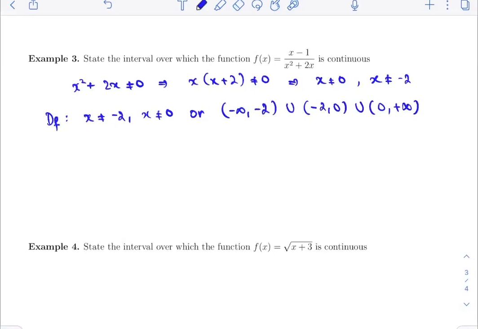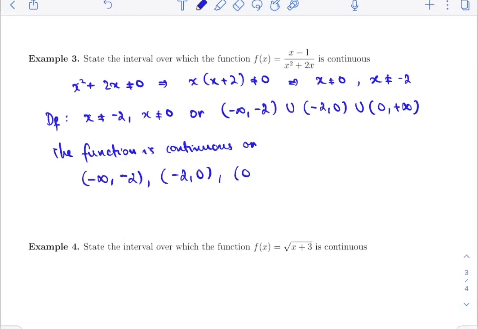And from here, you can conclude that the function is continuous on the following intervals: from -infinity to -2, from -2 to 0, and from 0 to +infinity.